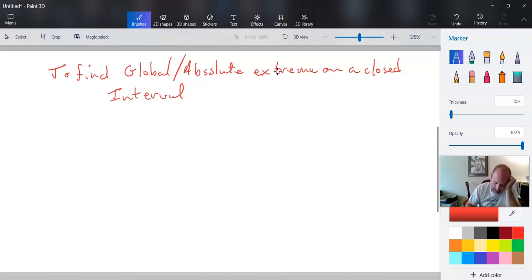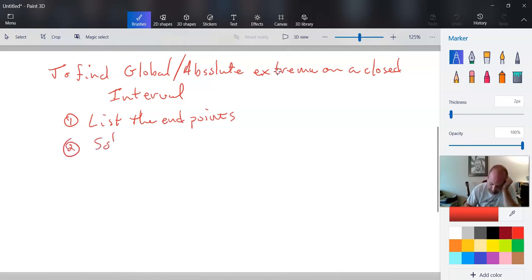Okay, so 1, list the endpoints. 2, solve f prime of x equals 0.